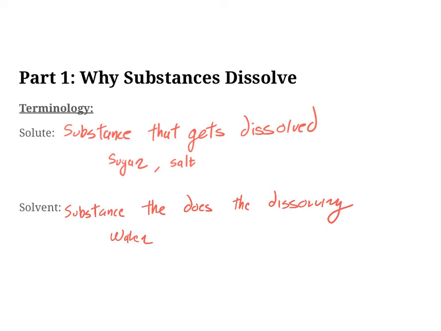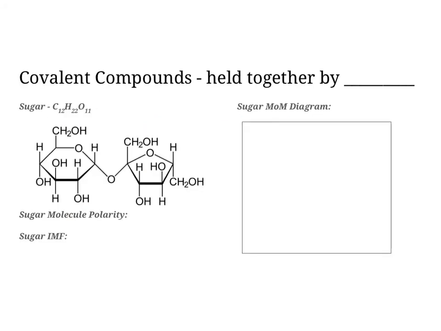Another common solvent would be something like alcohol, like rubbing alcohol or acetone. So the solute is the thing that gets dissolved, usually a solid, not always. The solvent is the thing that does the dissolving. A lot of times it's water, but also not always.